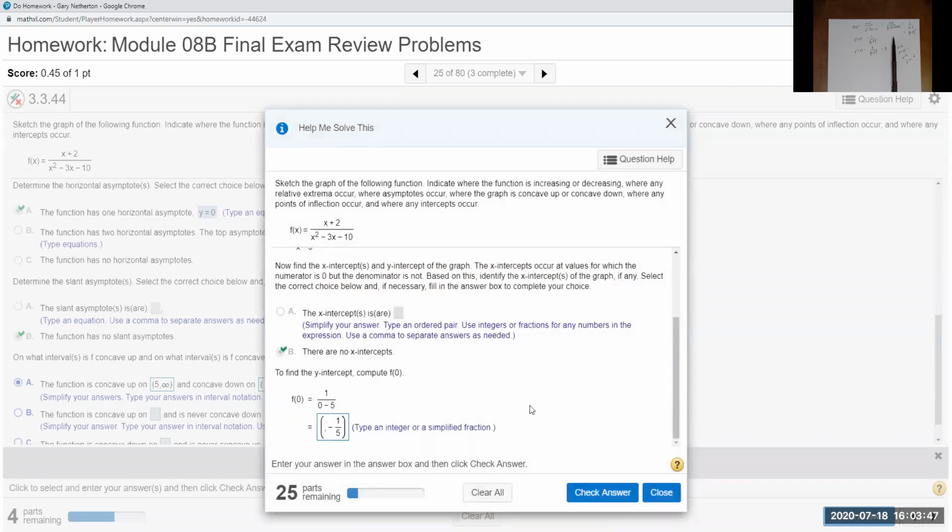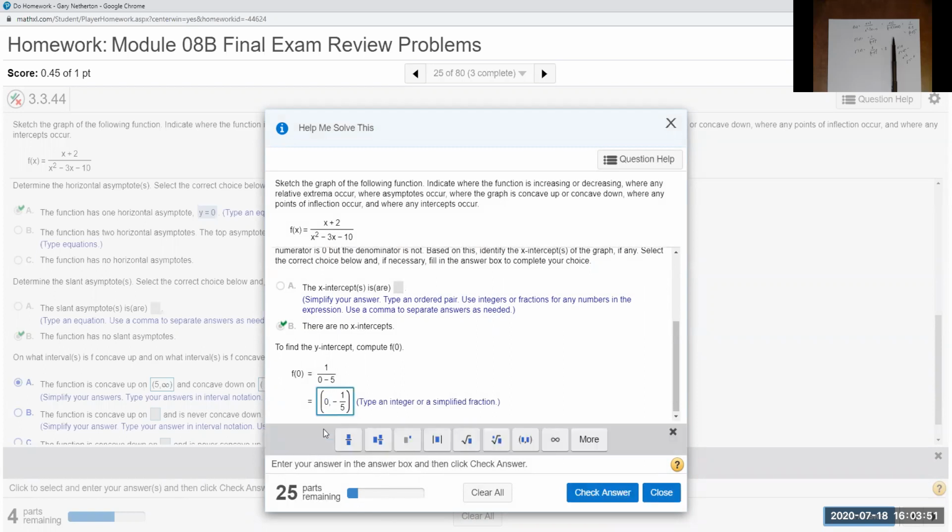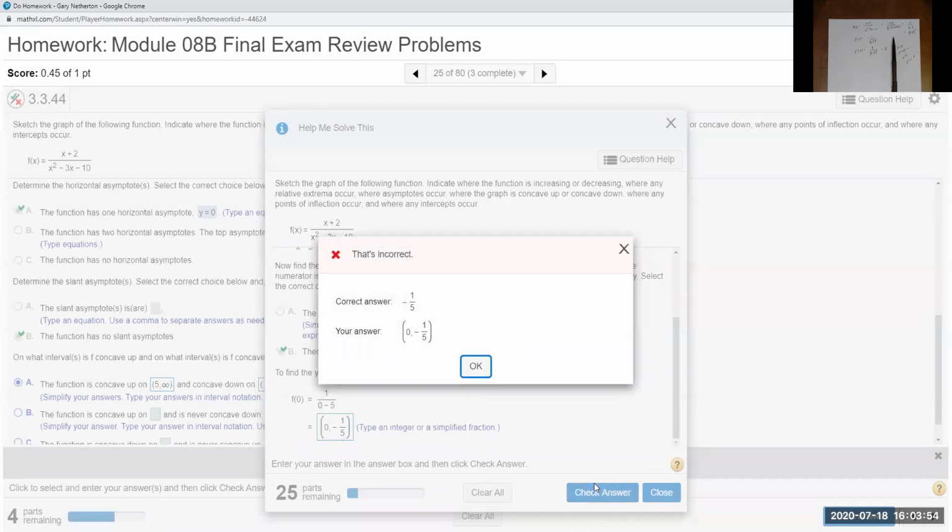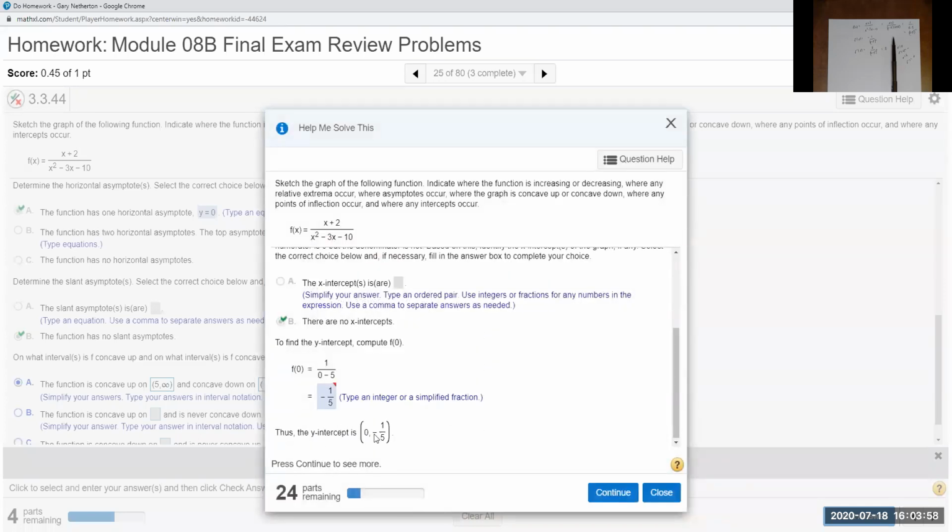Check their simplification. Oh, I have the 0. Oh, I think it's -1/5. Y-intercept.